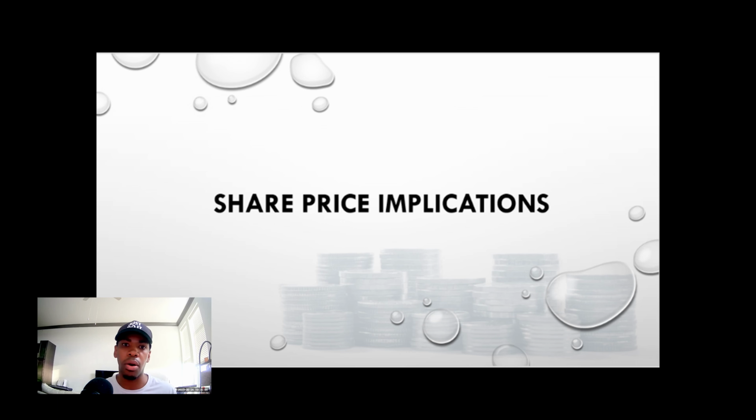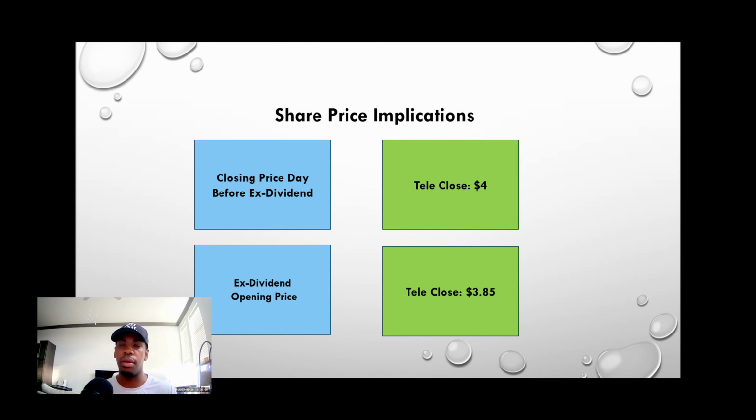In a steady market with low volatility, a share generally falls close to the amount of the dividend on the ex-dividend day. So if Telly is trading at $4 the day before the ex-dividend date and is scheduled to pay a 15-cent dividend, you can basically expect that it will open at $3.85 on that day, right?